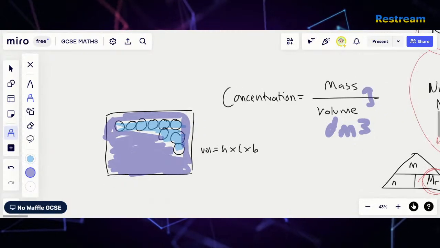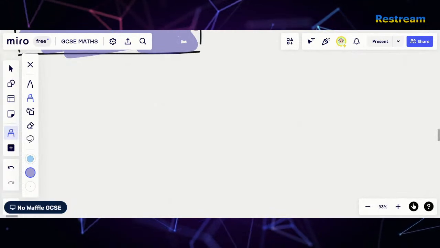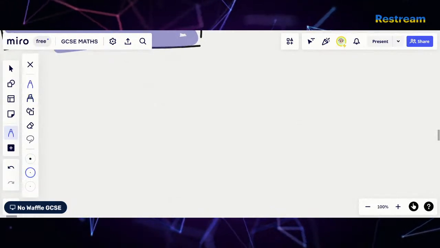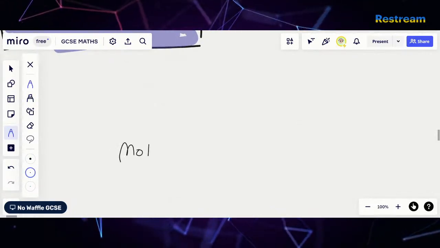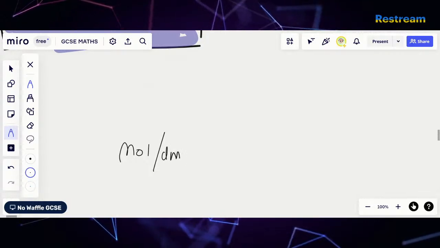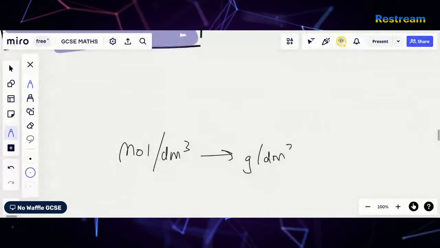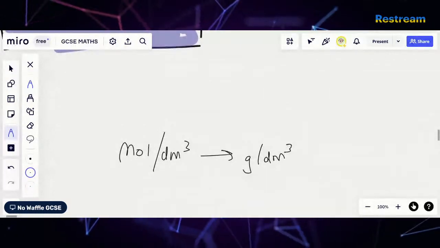Now, regarding the 2 equations we've looked at, there's another rule you need to be aware of: converting from moles per decimeter cubed to grams per decimeter cubed. You're converting from moles to mass.